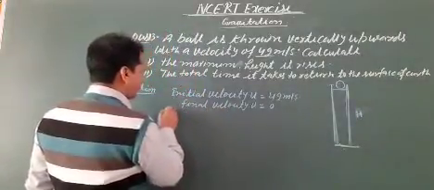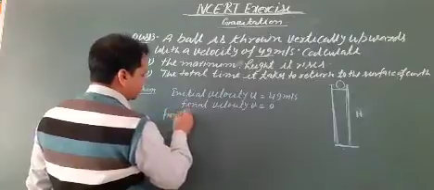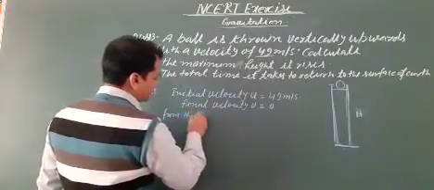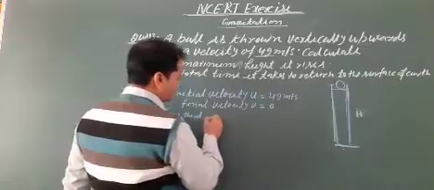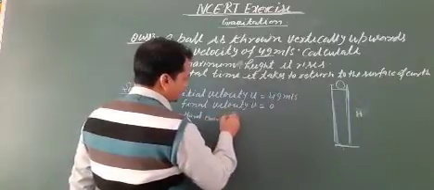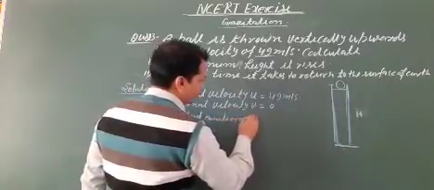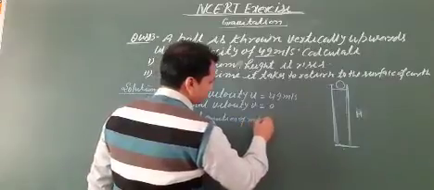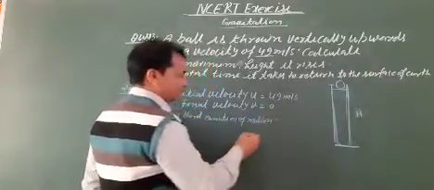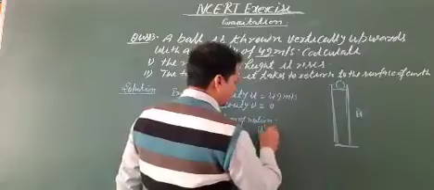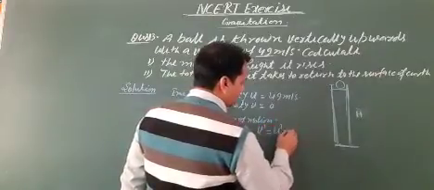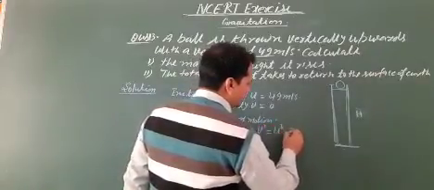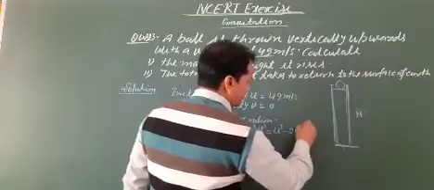Then from the third equation of motion, v square equals u square minus 2gh.